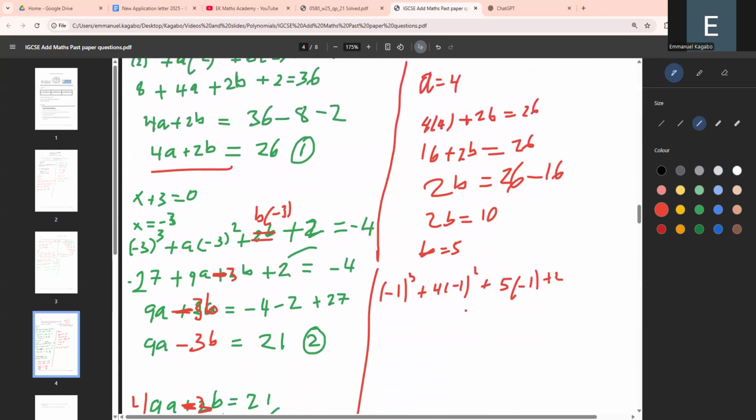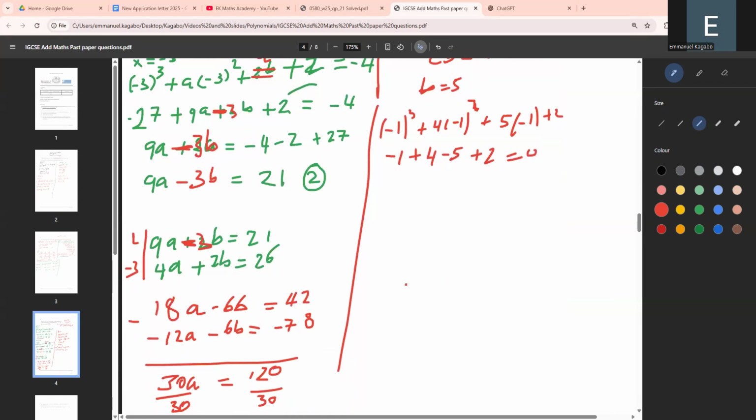Okay, does this give me 0? This is squared here, guys. So this is negative 1 plus 4 minus 5 then plus 2. So if you check, this one gives you 0, right? Because this is the negative 6 plus 6, that's 0.